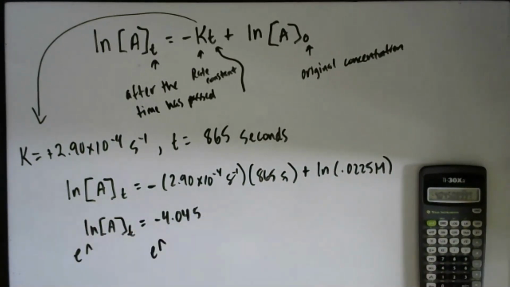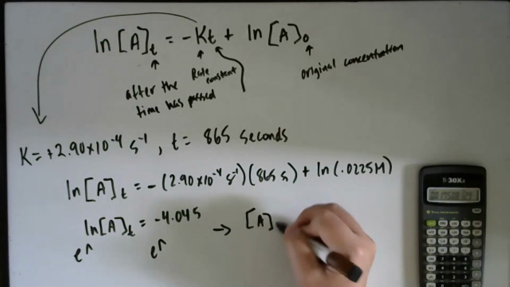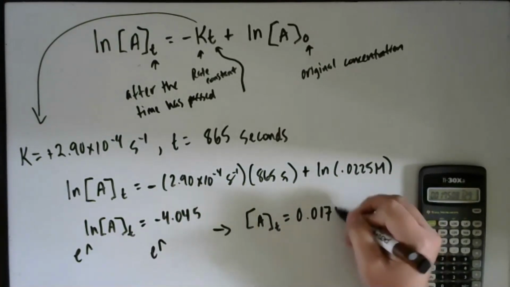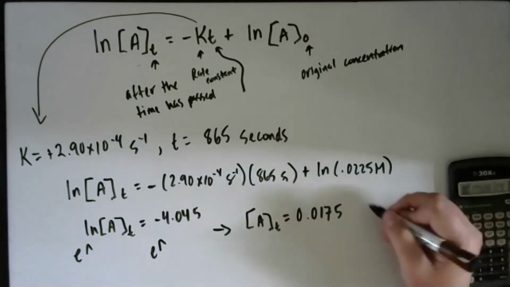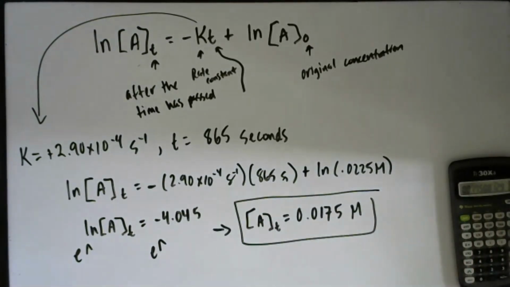So we raise both sides to the e, and it's going to be 0.0175 molar. And that's going to be the amount of the SO2Cl2 that's left after 865 seconds passes.